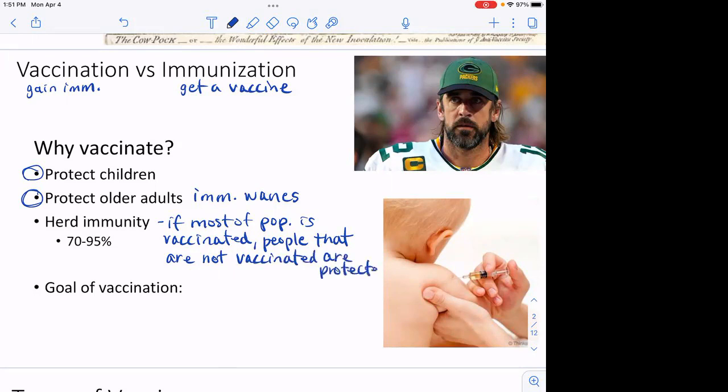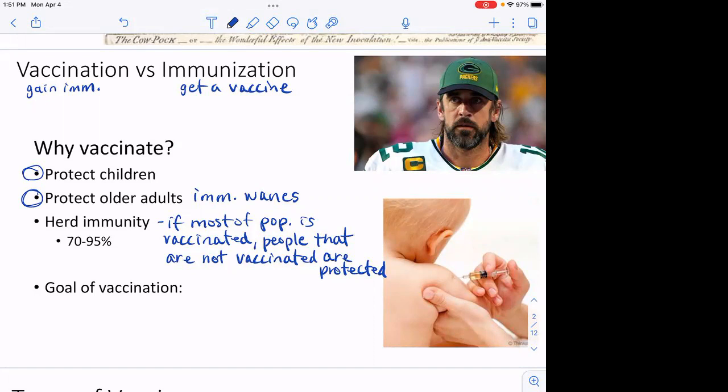Because not everybody can be vaccinated. There are people that are babies and they're too young and it won't do any good, or people with immune conditions, autoimmune or other immune diseases, where it doesn't do any good. Maybe their body can't generate those memory cells. There are people that are allergic to something in the vaccine and they just can't be vaccinated.